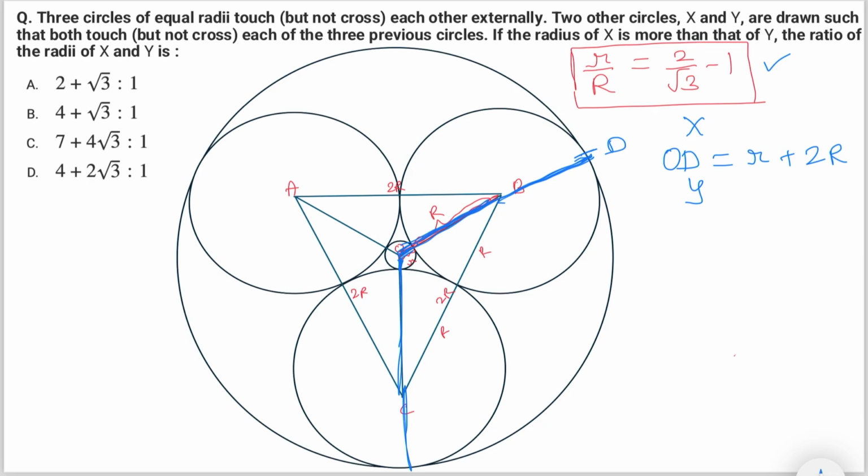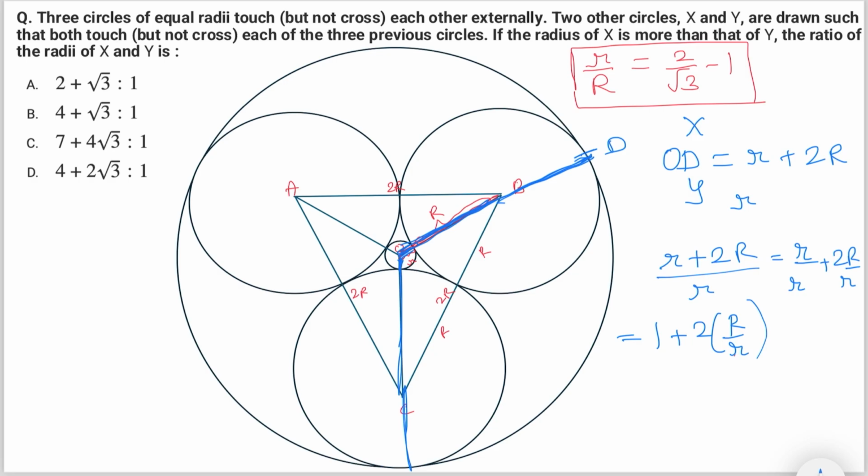The smaller circle y, the radius is nothing but small r, we already know this. And the question is now asking you the ratio of these two. r plus 2R divided by small r will be our answer. Just separate the denominator. We are going to get r upon r plus twice of capital R upon small r. This will be 1 plus twice of capital R upon small r.